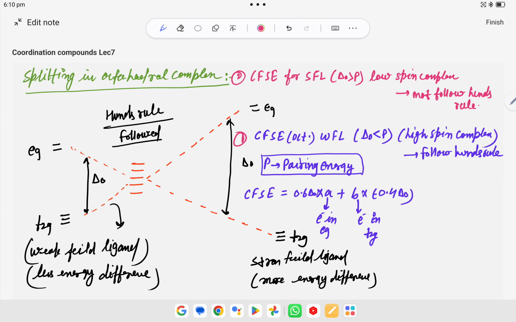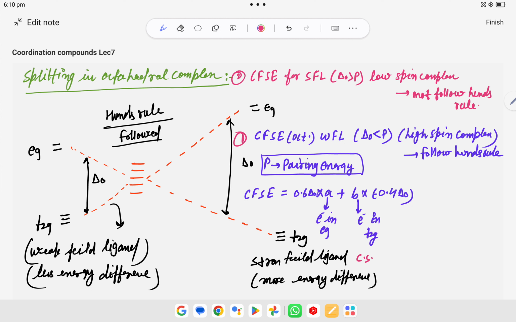Crystal field stabilization energy: 0.6 A, electrons in Eg, and T2G, delta naught. In that case, one more formula is given.